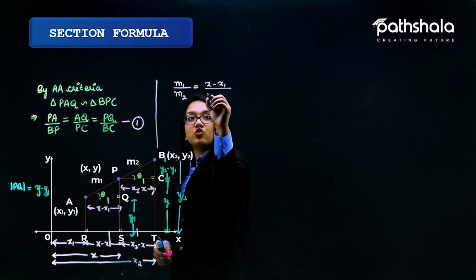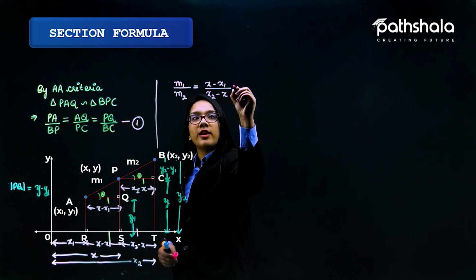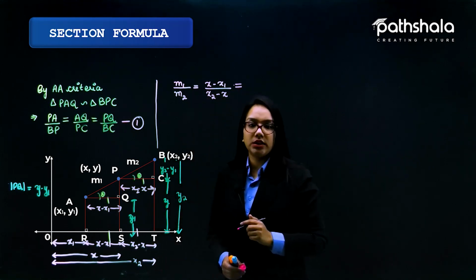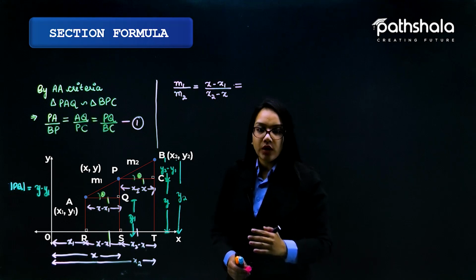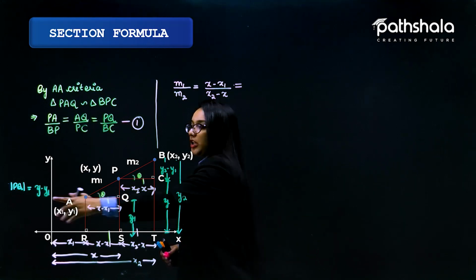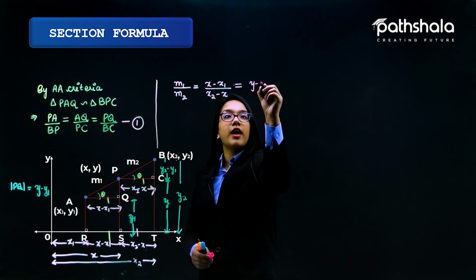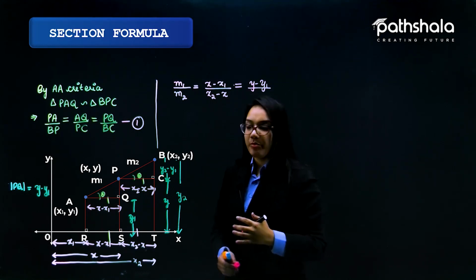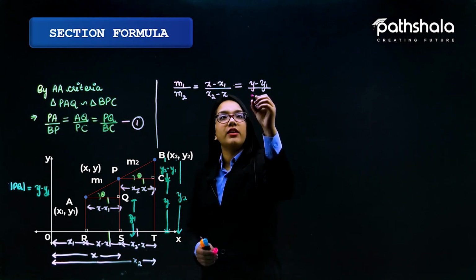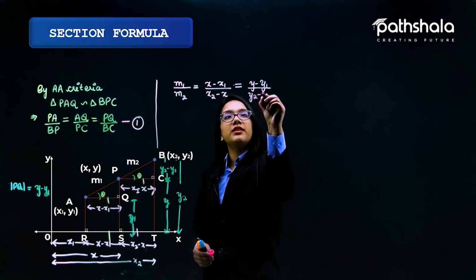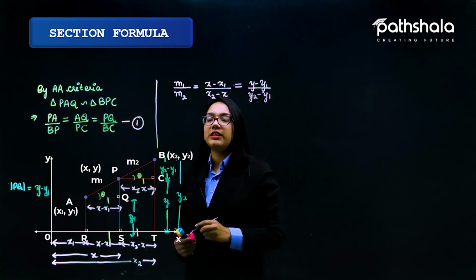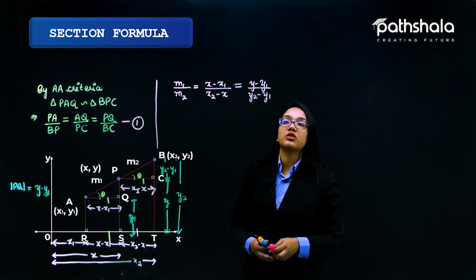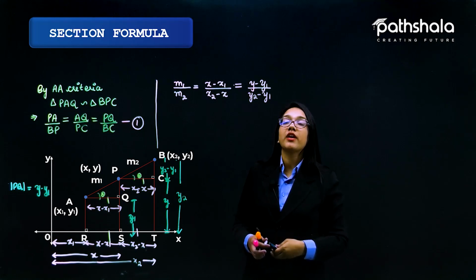PC is x2 minus x, which is equal to PQ, which is y minus y1, divided by BC. BC is y2 minus y1. So we have m1 by m2 equals x minus x1 by x2 minus x, which is equal to y minus y1 by y2 minus y1.